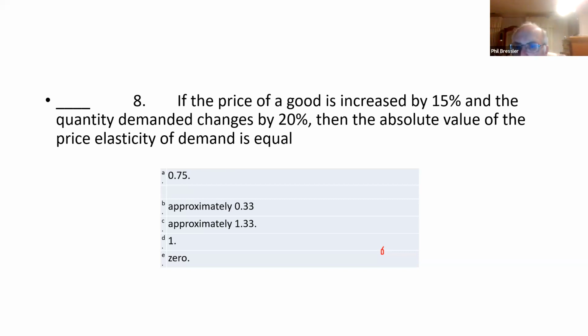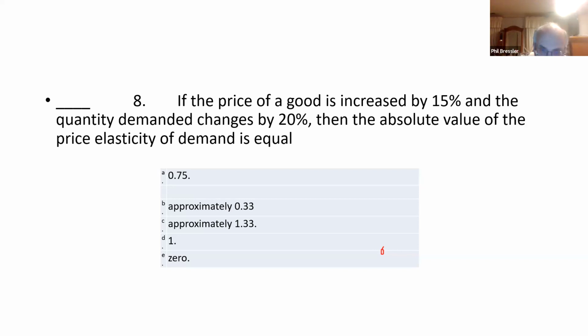Okay, what do we have here? I'm getting C's. Okay. All right, so quantity demanded is on top. So it'd be 20 over 15, which is 1 1/3, approximately 1.33. So C as in Caroline.